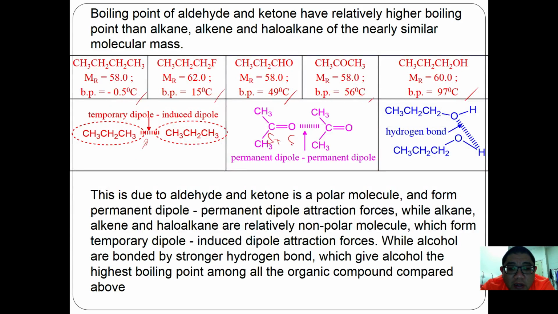The partial positive and partial negative allow them to have permanent dipoles, and because of that, you have a higher boiling point. And the alcohols are held by hydrogen bonds, which are actually stronger than permanent dipoles, which makes alcohols the highest boiling point among all of them. Okay, so this is a little bit about the boiling points of the aldehydes and ketones compared to other functional groups.